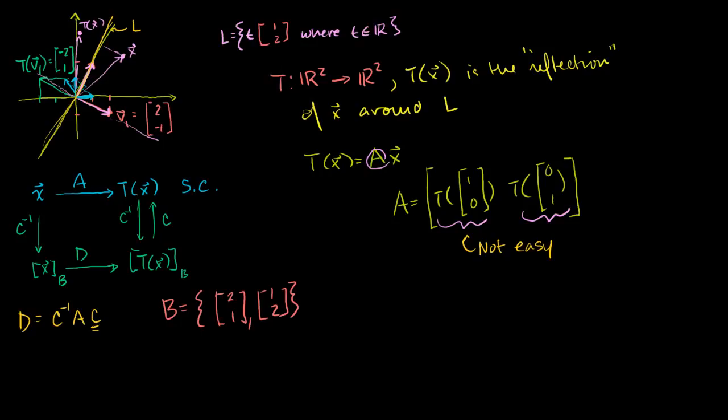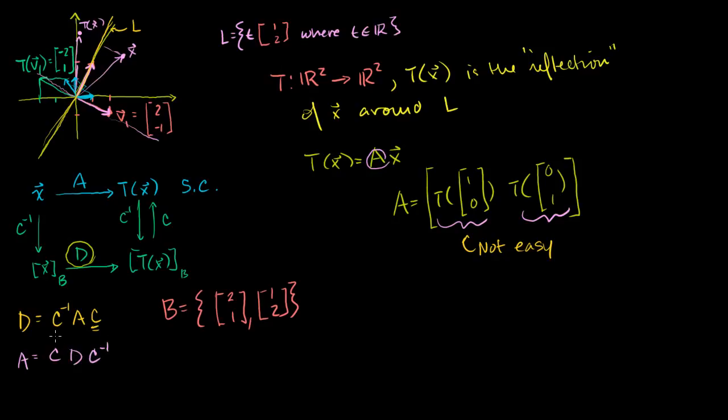And now in this world, our transformation is just a reflection around our new vertical axis. So maybe it'll be easier to find D, because this might be a simpler transformation in this other coordinate system. And then if we can find D, then we can solve for A. And we've seen this. A is just equal to C times D times C inverse.